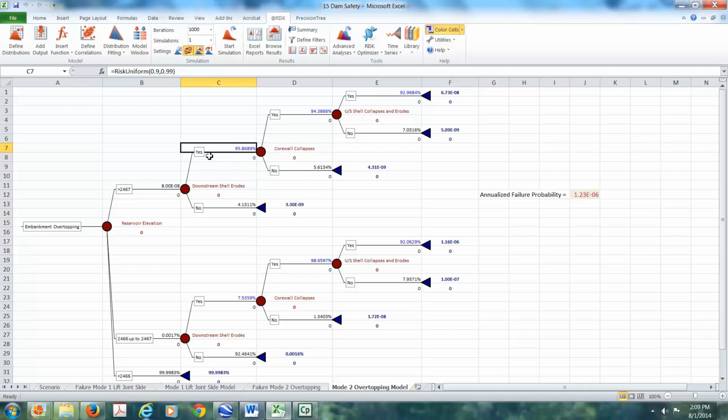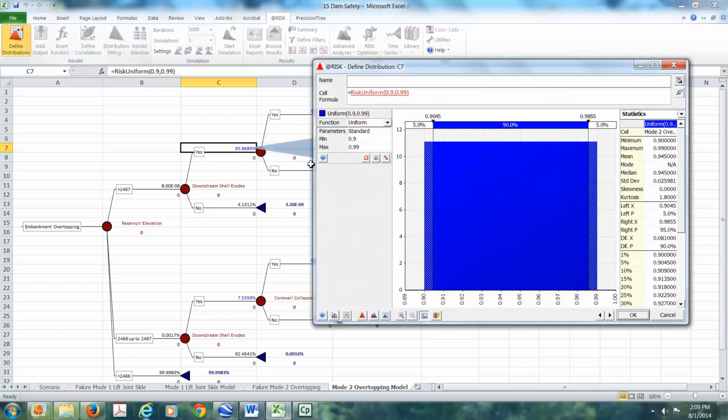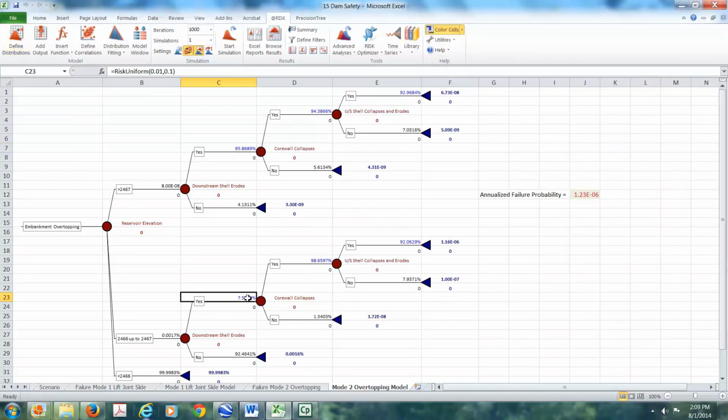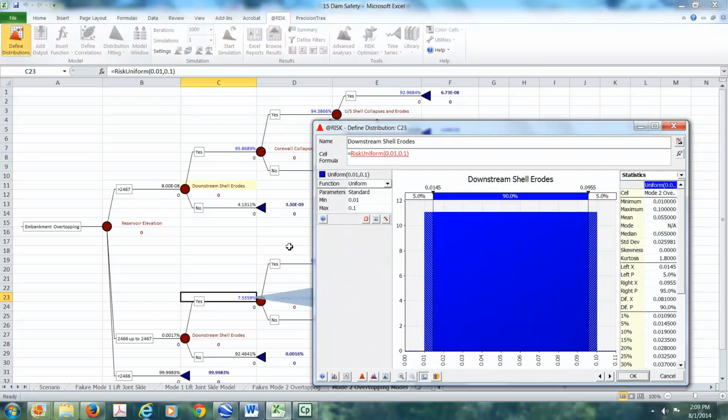Here on the yes node, if the flows are over 2,467, let's take a look at this distribution. There's a 90 to 99% chance that the downstream shell will erode. However, if the flows are in this range, we see there's a 1 to 10% chance that the downstream shell will erode.